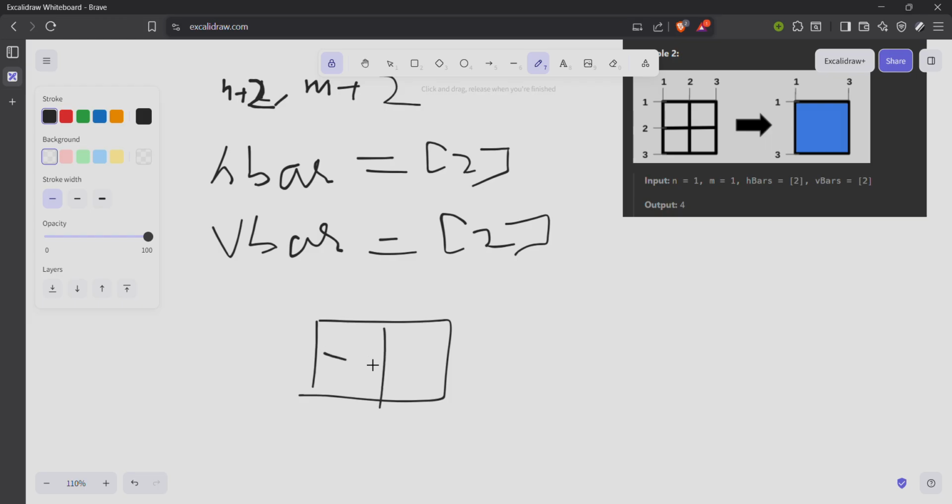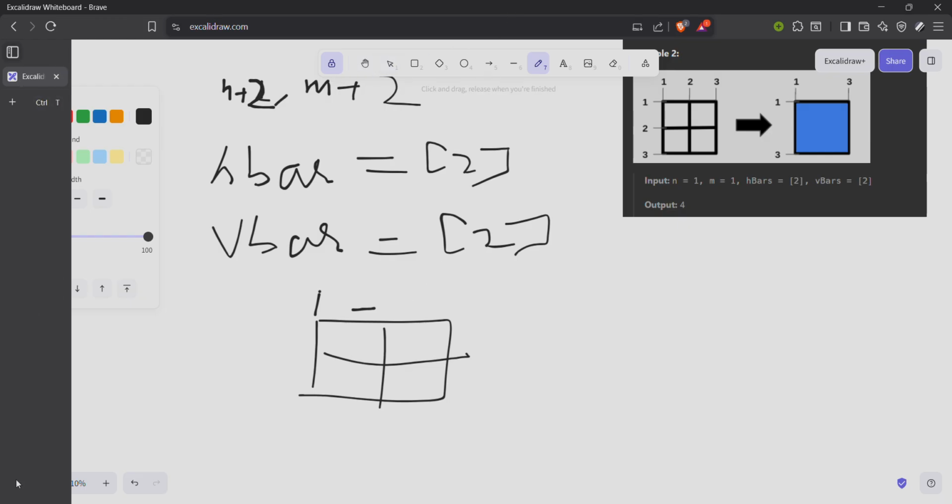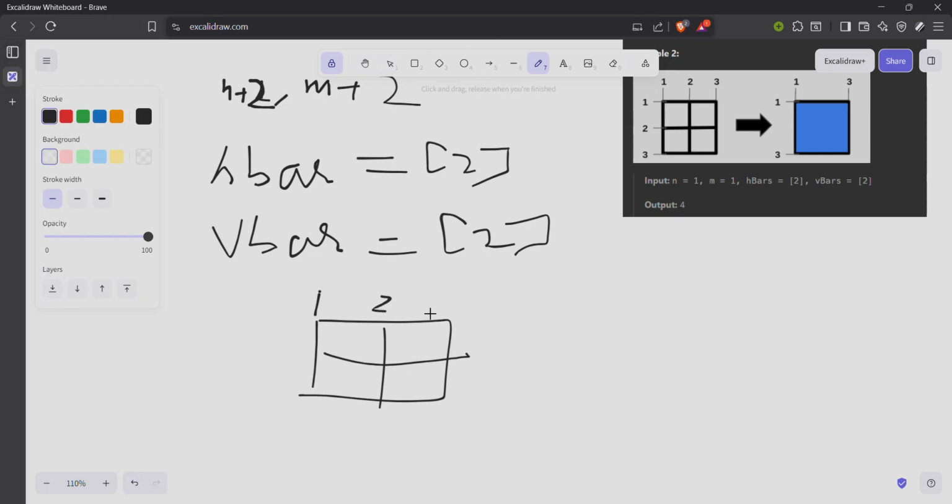This is the grid we are given. We have 1, 2, and 3 here.